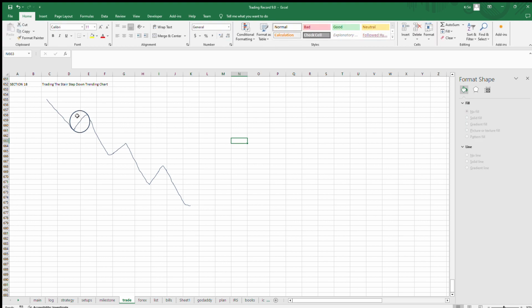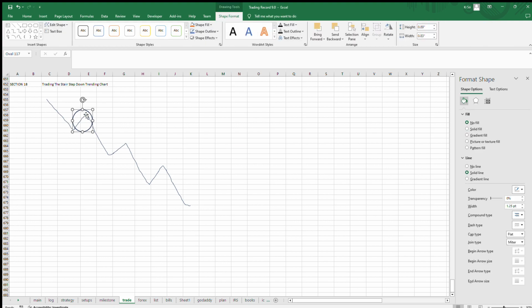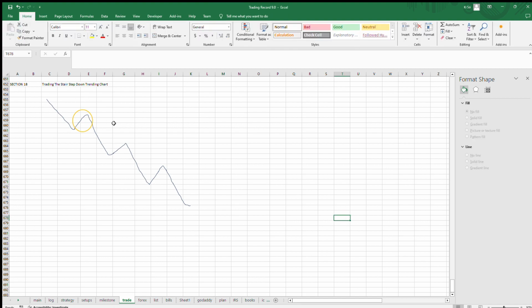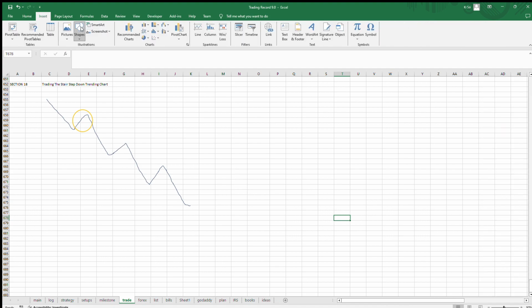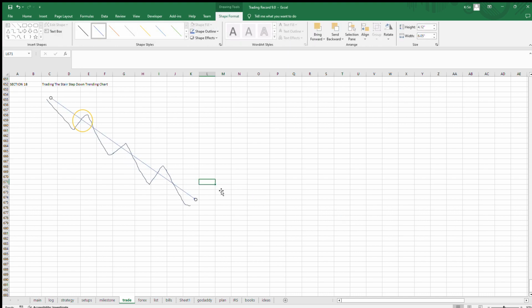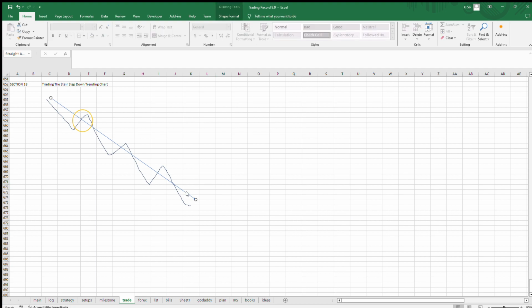So when I look at this situation at this moment right here, this essentially is the trend right here. The trend is moving in this direction, just like that. That's how the trend is. That's the trend right there. Okay. So how do I identify this?